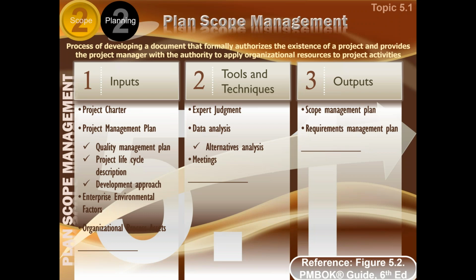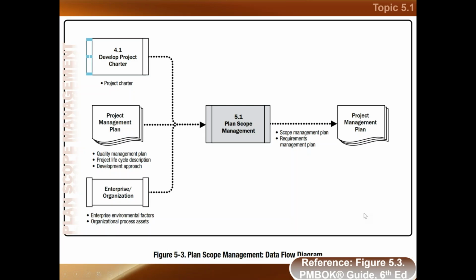All of that guidance is provided here, but generally speaking, the inputs, tools, and outputs are almost similar in all the management plans. And the data flow diagram is also quite comfortable, because here we can see from where every input is coming and where every output is going.